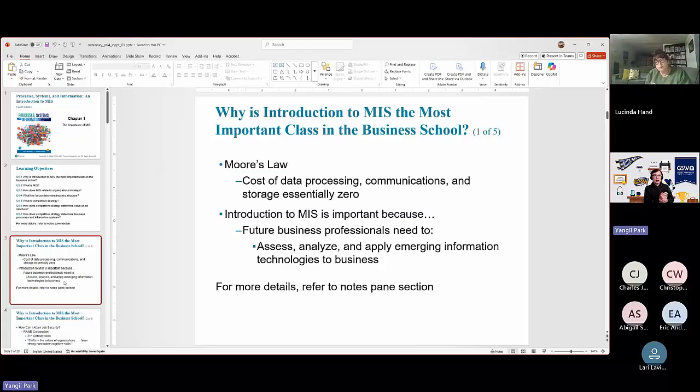But anyway, this page, for example, talks about Moore's law and how the beginning of information systems started. There's a little bit of history and all that.